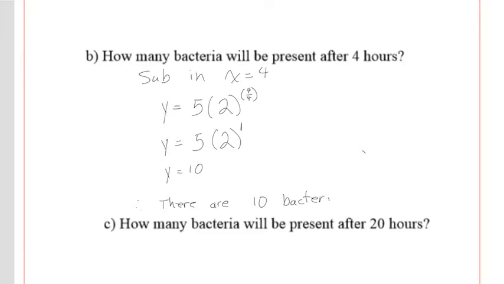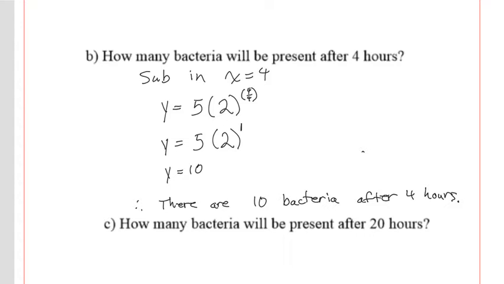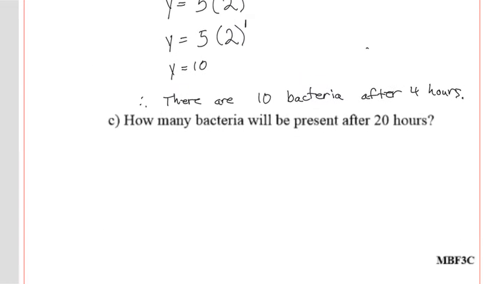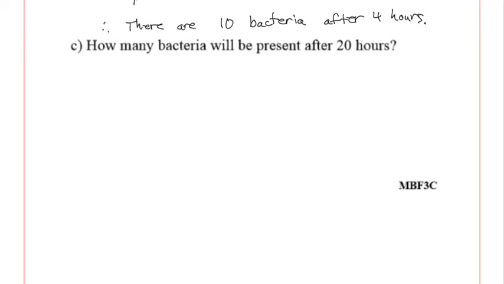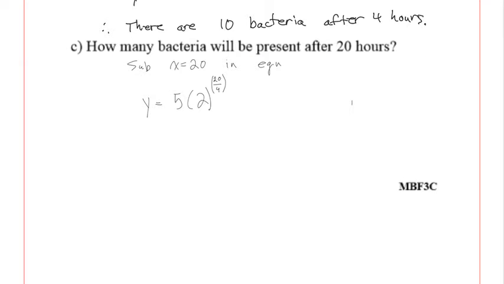Now, the key idea to solve these problems is you simplify the exponent as much as you can. Sometimes you can't, sometimes you have to punch the number directly in. Now, this next one asks you, how many bacteria will be present after 20 hours? So now you're going to just sub x as 20.